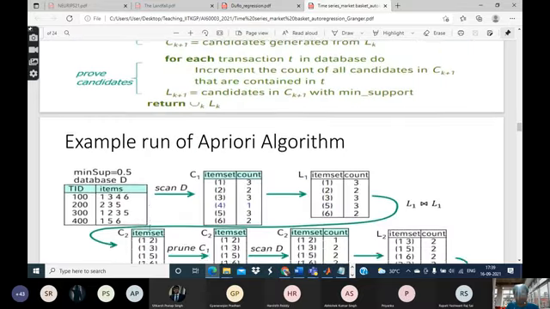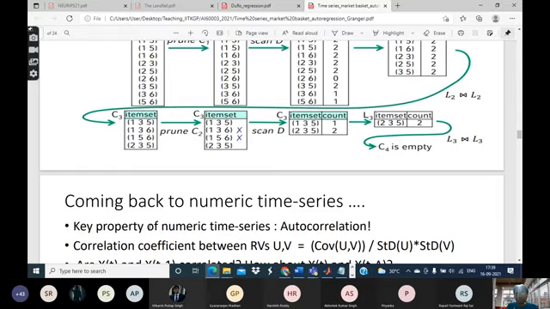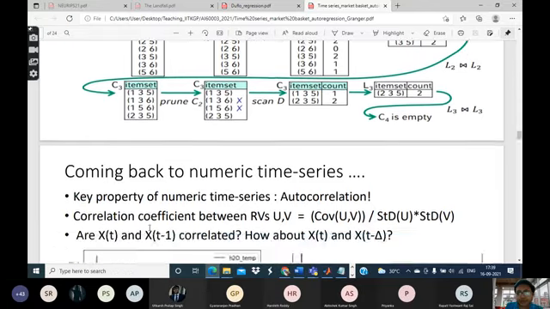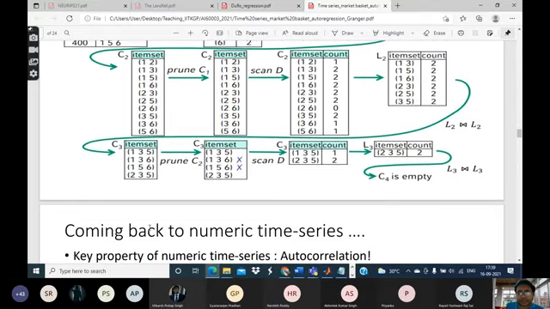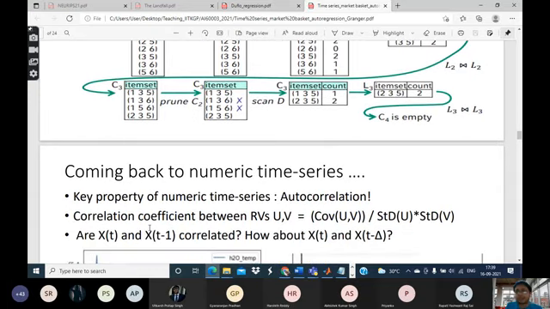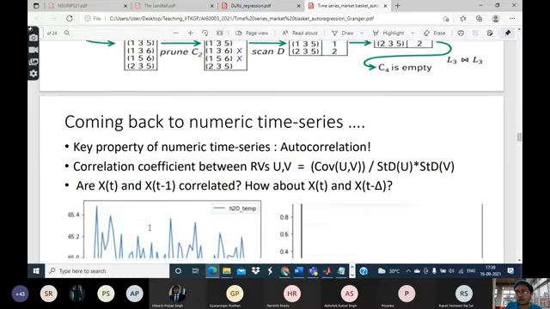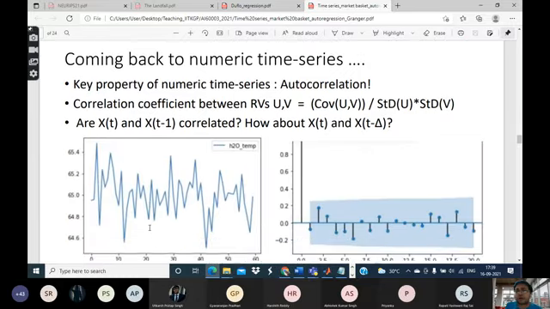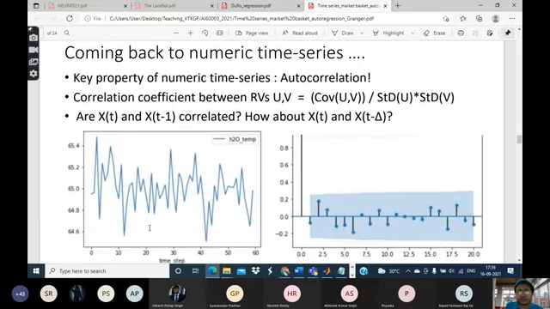So this kind of Apriori algorithm basically helps us identify frequent sets of items that are often purchased close to each other, and hence it enables us to make predictions about this non-numeric time series. Earlier, in Monday's class, I had discussed time series forecasting as an important problem.